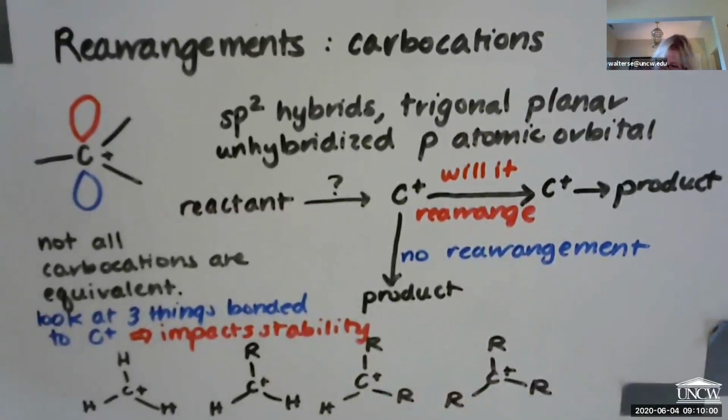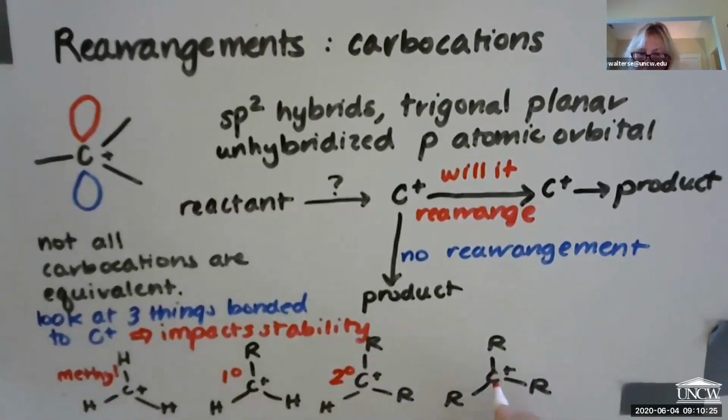This one is called a methyl carbocation. This is called a primary carbocation. Primary means that this carbon atom is bonded to 1 other carbon atom. This carbocation here is bonded to 2, so that's secondary. This has 3 R groups, that's tertiary.